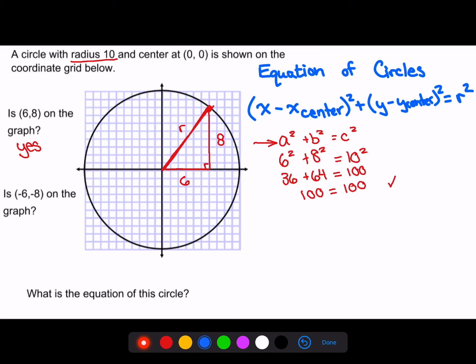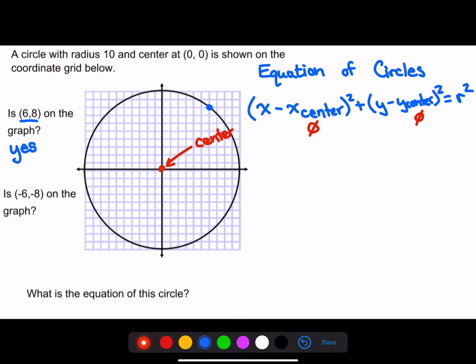What about the point (-6, -8)? So I'll go ahead and bring that up. There's our center. The point (-6, -8) also does. So if I draw this right triangle here, and again, this red point is now blue, (-6, -8). So that's left 6, down 8, and then that would be our radius.